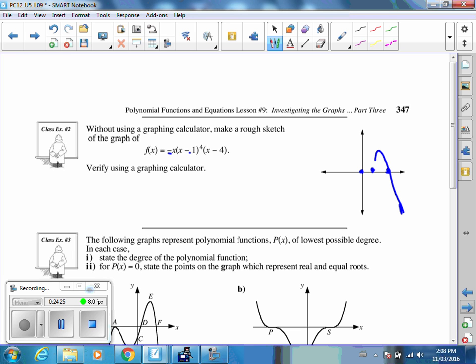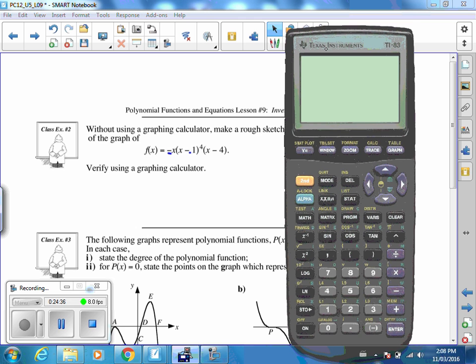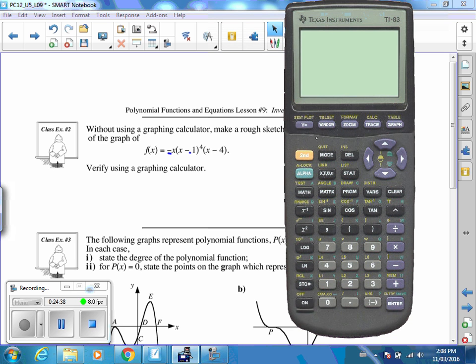This one is even, so it's going to do the even thing, and then that's linear. So it ought to look something like that. Again, the highs and lows there are going to vary depending on what my scale is, right? So I can make those highs and lows higher or lower depending on my scale.